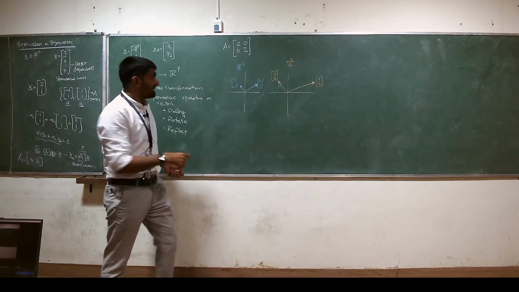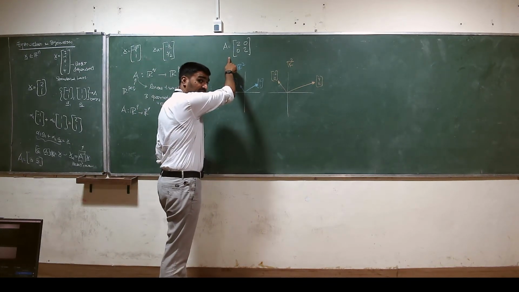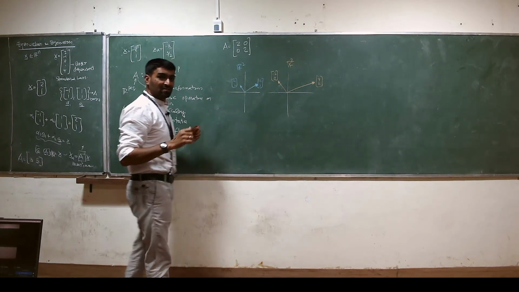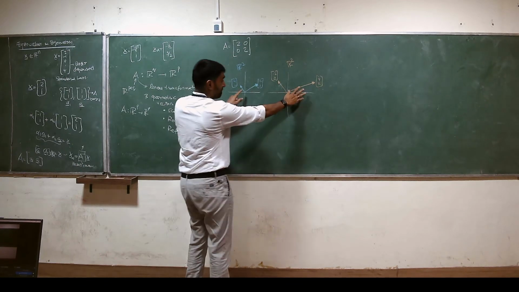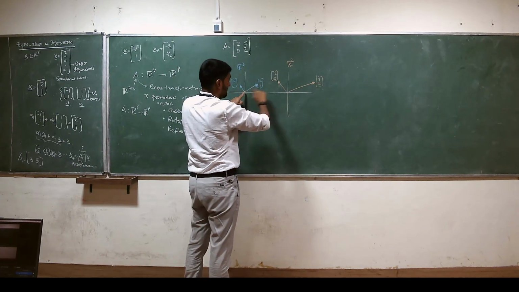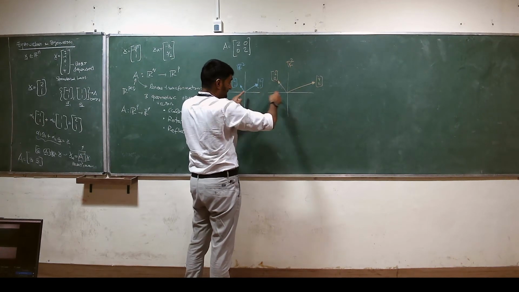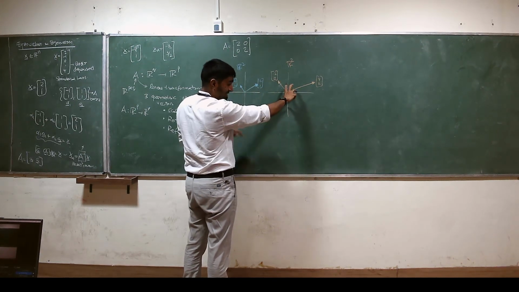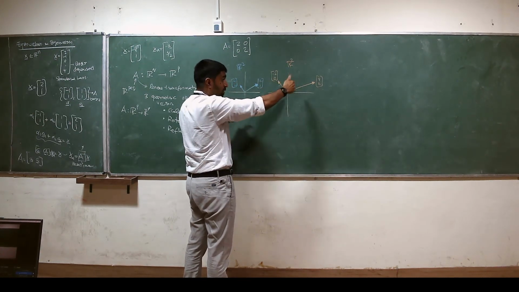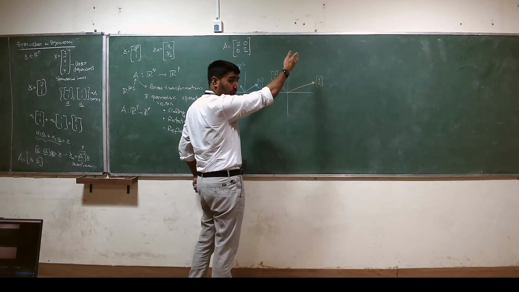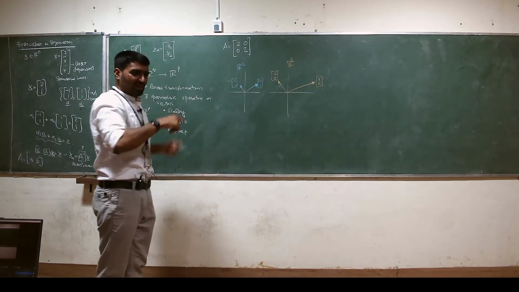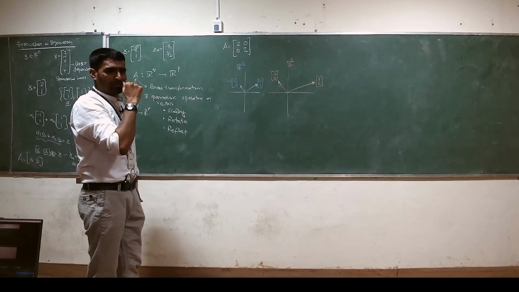Sorry, 2 times x, right? So this is an example of a matrix that only scales vectors. Okay, it does not rotate them. For example, if you superimpose these two, these two vectors will lie on the same line. Okay, it's just they are scaled. Similarly, these two vectors will lie on the same line. In fact, if you take any vector, the resulting vector will be along the same direction as the original vector. It will just be scaled by a certain amount.